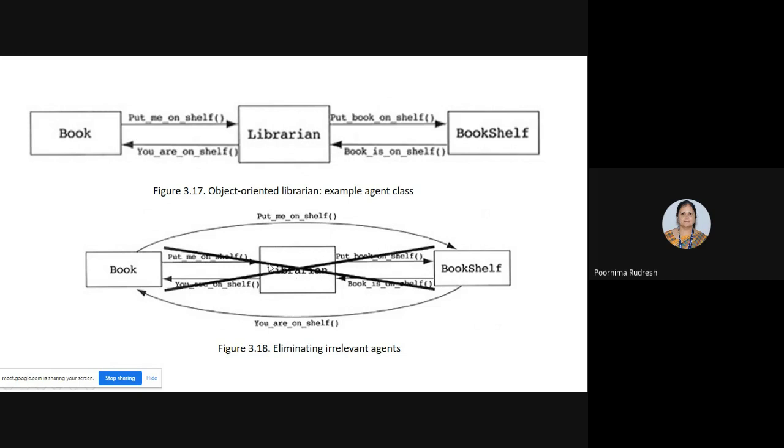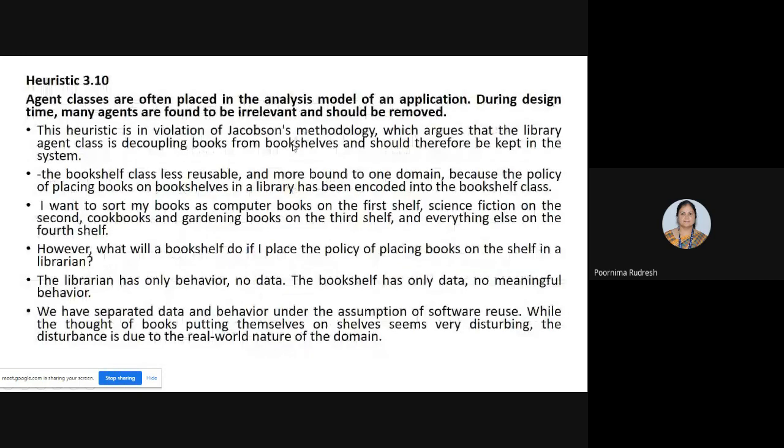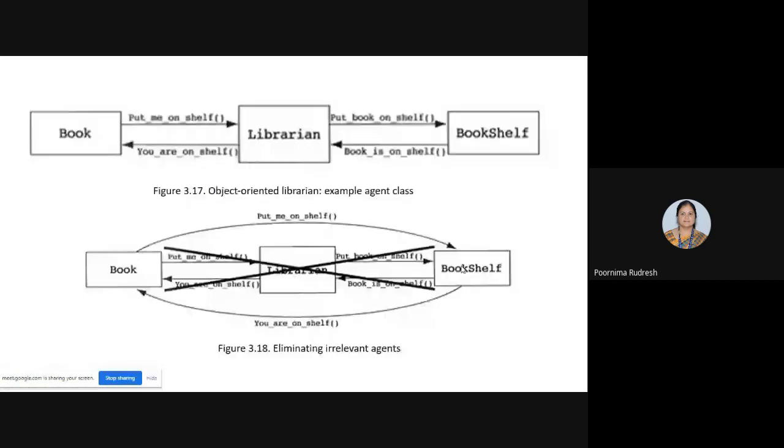But here the irrelevant agent is removed. Here the agent class is created as a special class, that is the librarian. And if we include the agent class, what are the advantages that I discussed? Because the librarian is performing additional functionality or additional responsibility.